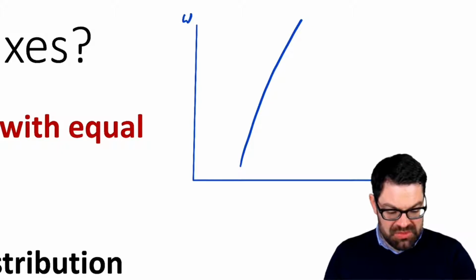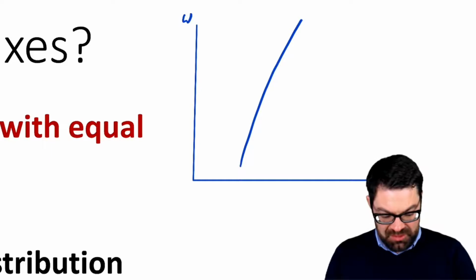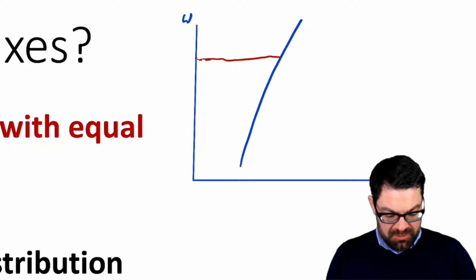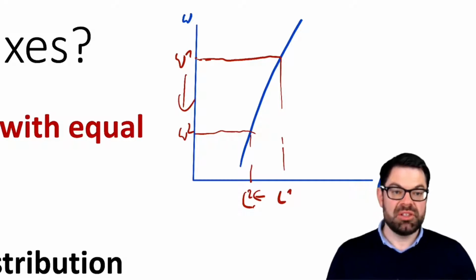And now consider a change in wages that could be the result of a tax, right? So if you have a change in wages that looks a bit like that, we go from here to there. So from W1 to W2, we go down here. The response in employment is actually quite small.